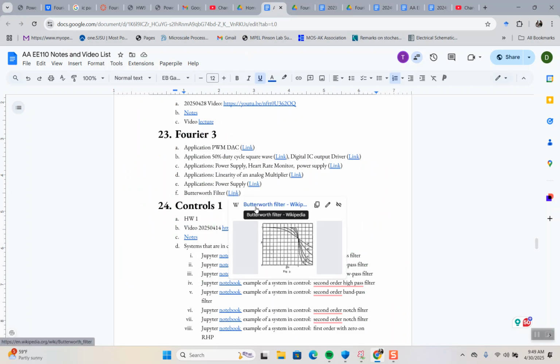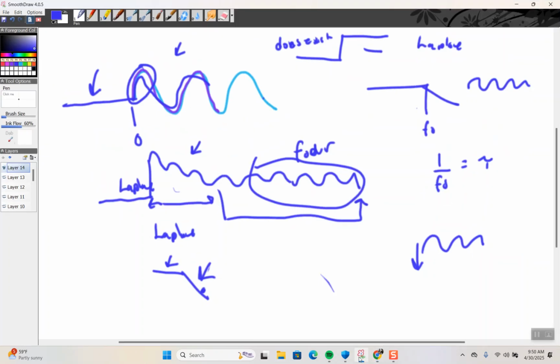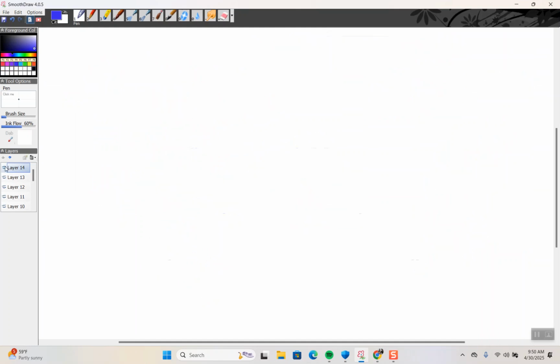Now the Butterworth filter. Just to kind of go back, all right.